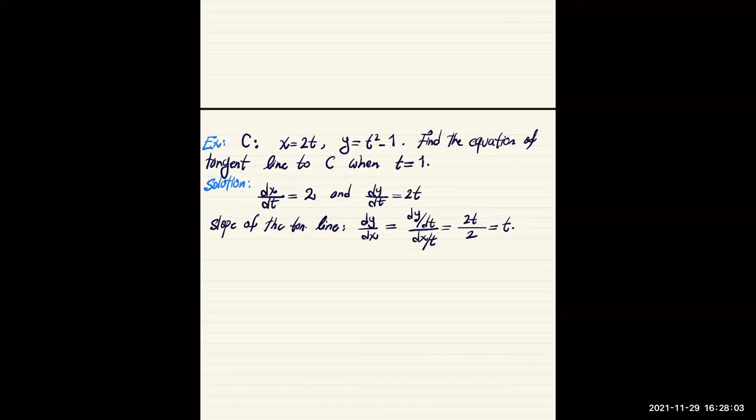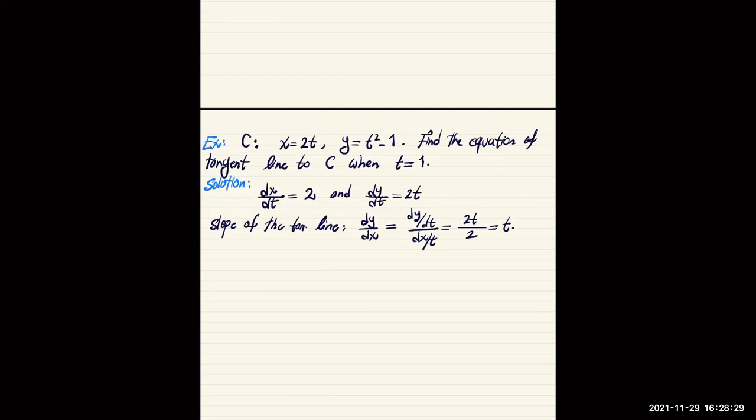I cancelled t in my head for some reason. There is no way the slope can be constant because this is a parabola. If you plug x over 2 in for t, you get a parabola. That's the relation between x and y. So the slope here is t.